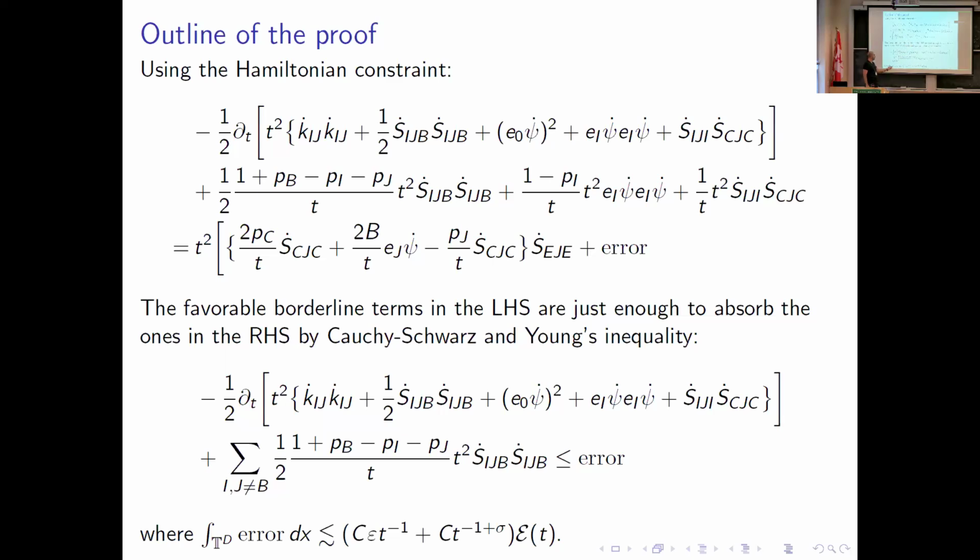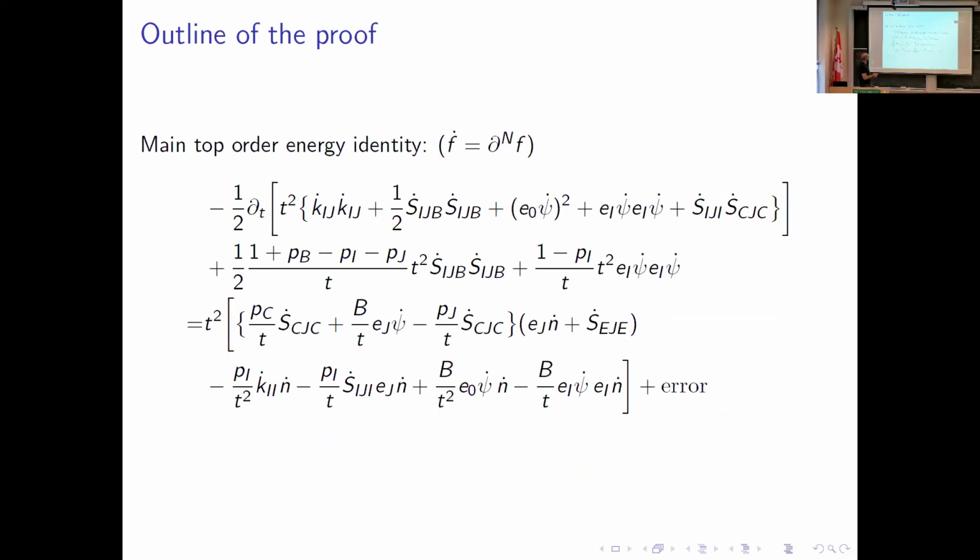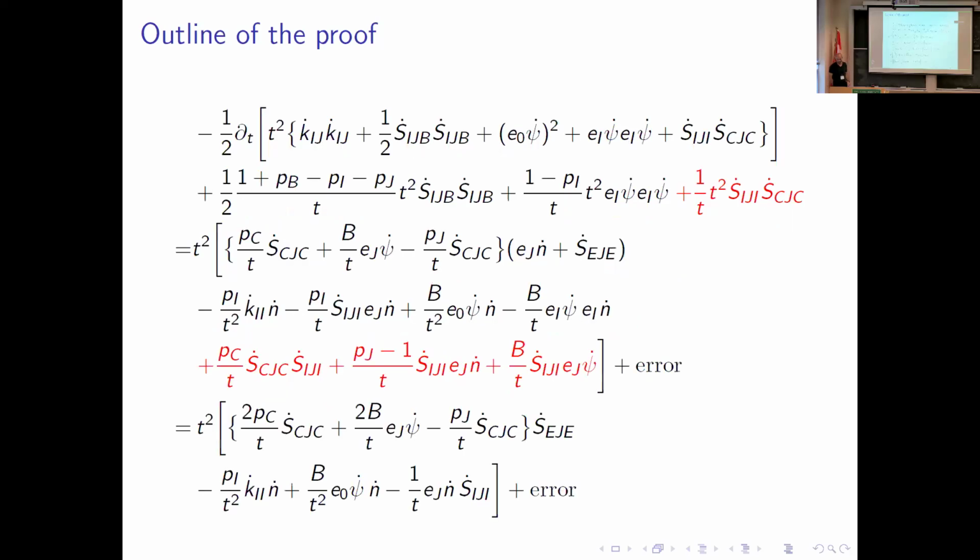And the only favorable borderline term that you're left with is the one that corresponds to the structure coefficients with distinct indices. This is never used, because if you look at the original ones, whenever there are spatial connection coefficients, they have double indices. So somehow the one with distinct indices doesn't come into the structure of the borderline terms.